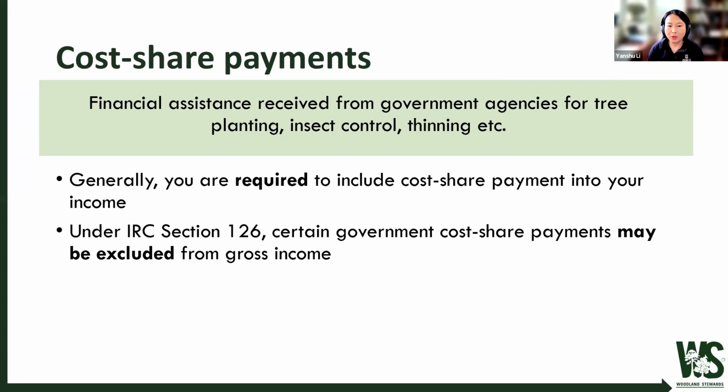Generally, you are required to include all the cost share payments in your taxable income and pay tax on that income, but with the special provision, which we call Section 126, certain payments could be excluded from your taxable income.